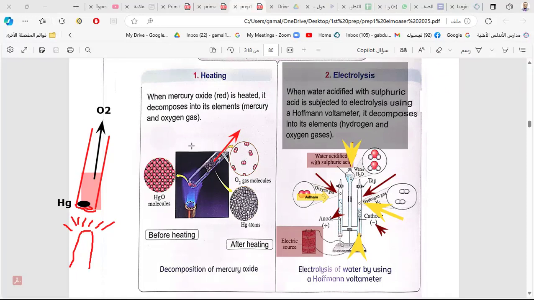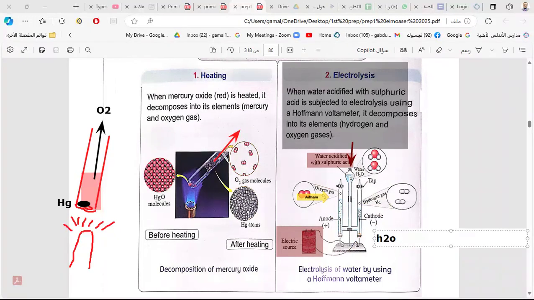Okay. Just wait a second. Here, what are we doing? We let the electricity move through the water. When the electricity moves through the water, it starts separating hydrogen from oxygen.